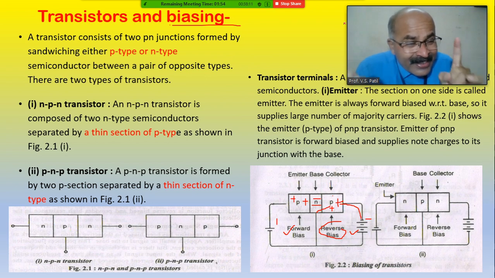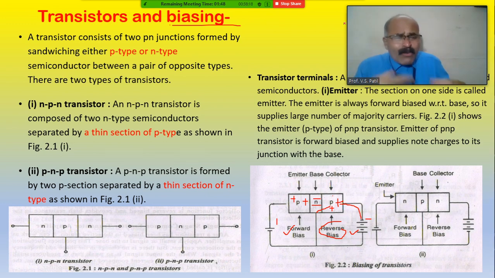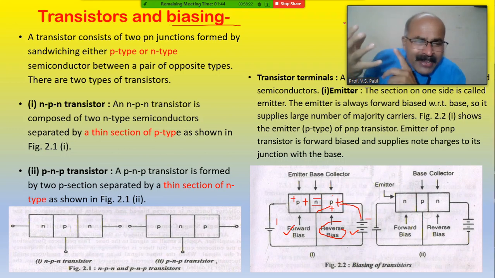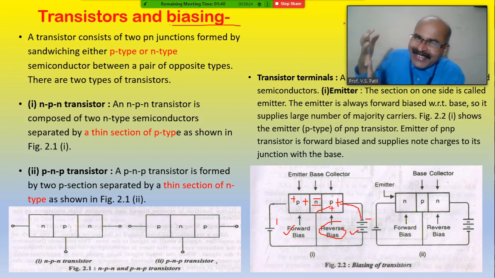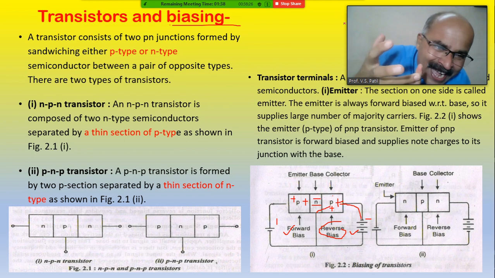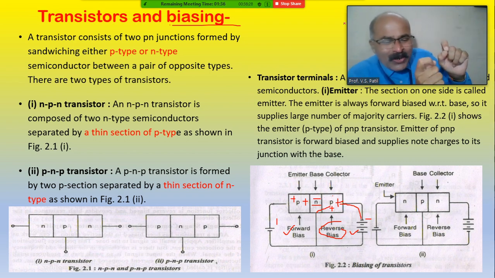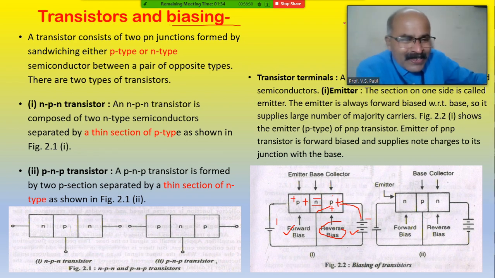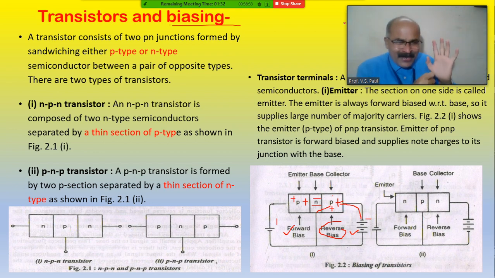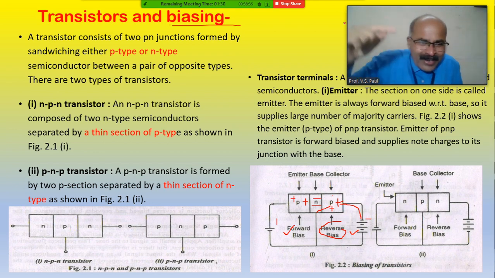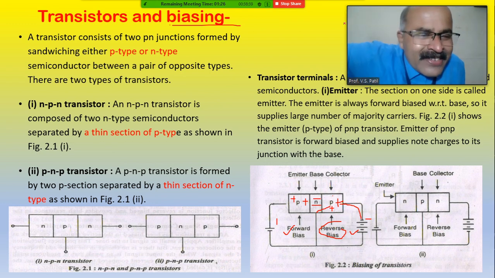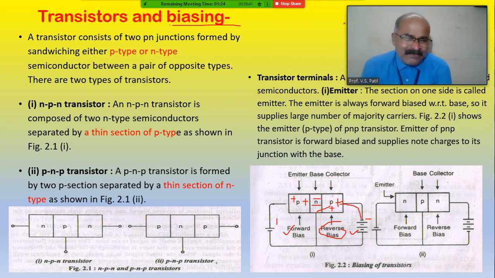Then that transistor will work as the amplifier. Then what is biasing? Make the input junction forward biased, output junction reverse biased. That transistor becomes biased properly and works in active region to operate as the transistor amplifier.